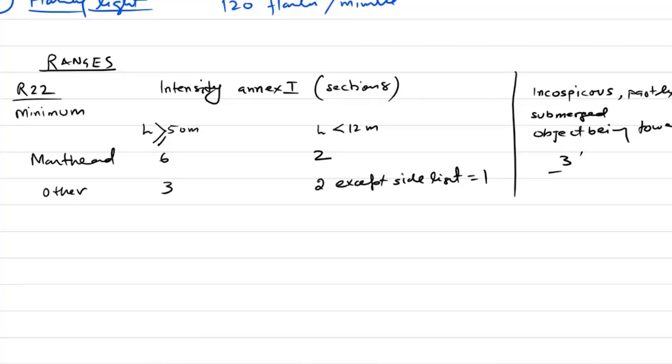Then we have positioning of lights, which is in Annex 1, and you can read it in detail.